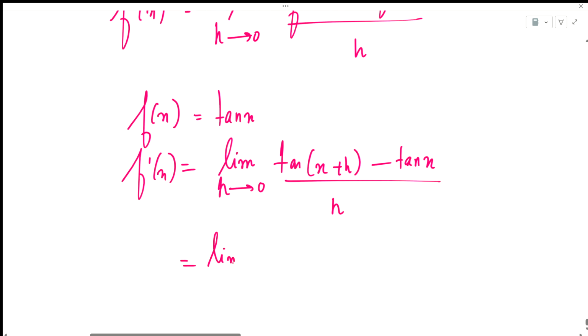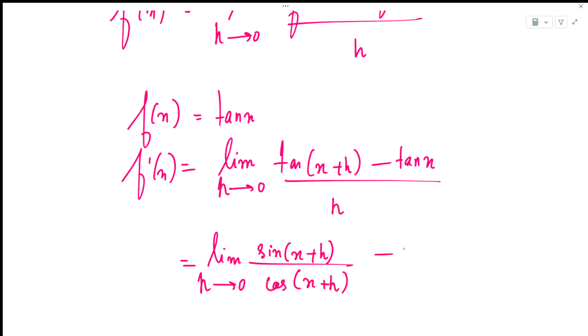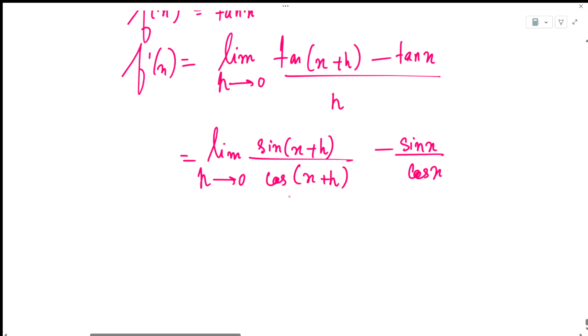Now this will be sine of x plus h upon cos of x plus h, minus sin x by cos x, and then we will have this h over here. So this is limit h tends to 0.